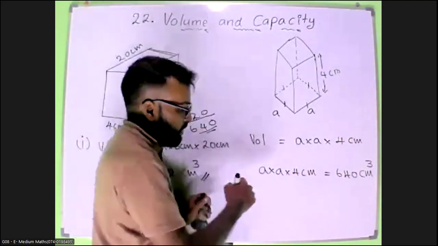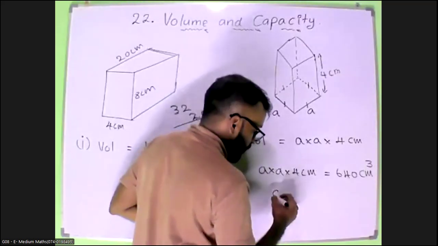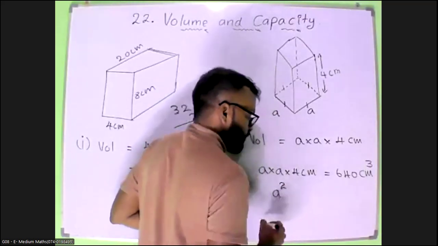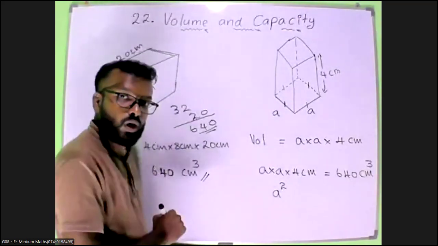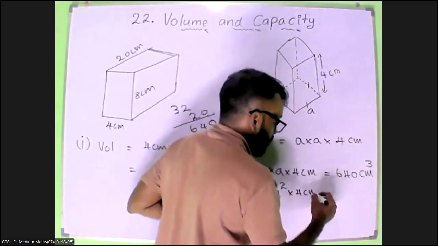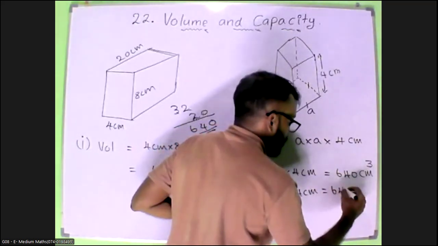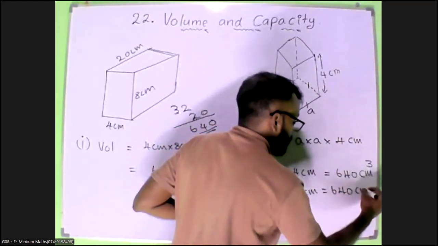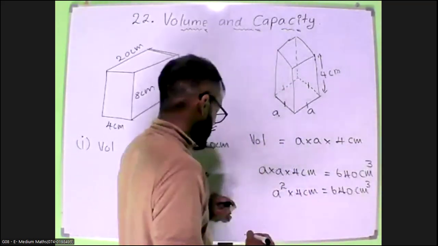Now A times A is A squared, and here you have 4 centimeters, 640 cubic centimeter.